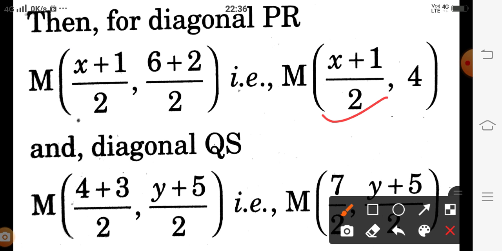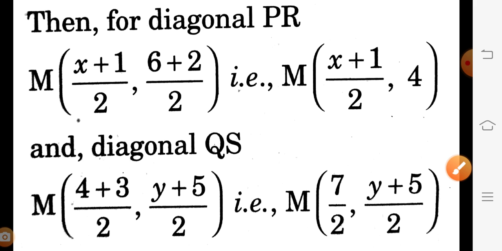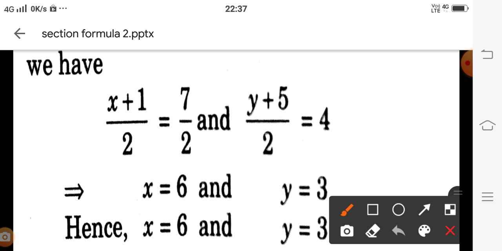Means x plus 1 upon 2 equal to 7 upon 2, and the y coordinate here you are observing 4, and here we are getting (y plus 5) upon 2. It means that these two are equal, and if you make these values equal, you get linear equations, and on solving these linear equations we get the values of x and y.